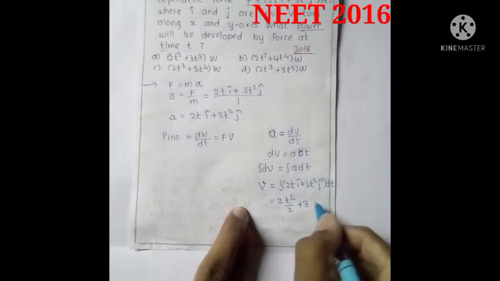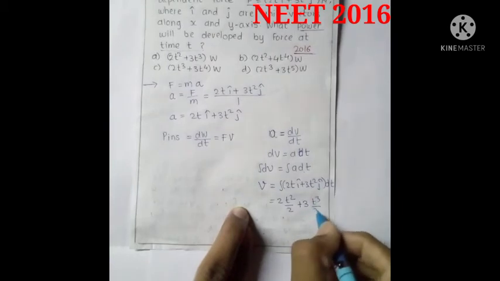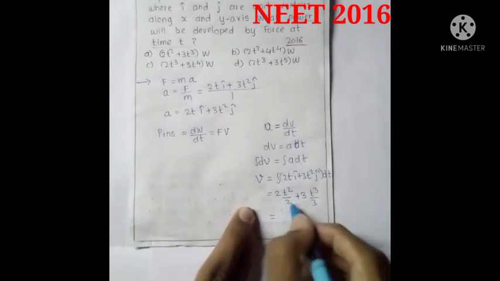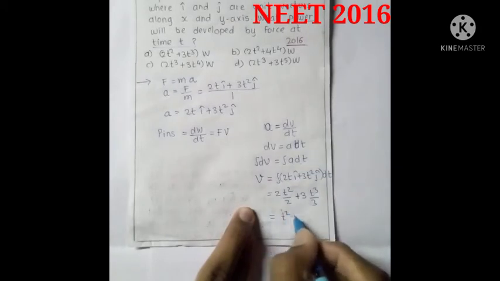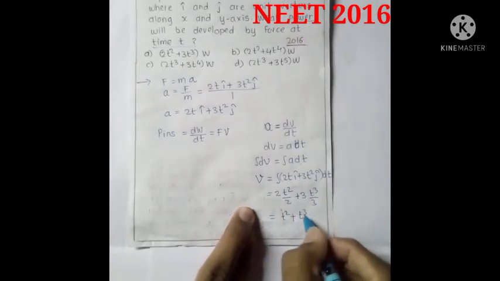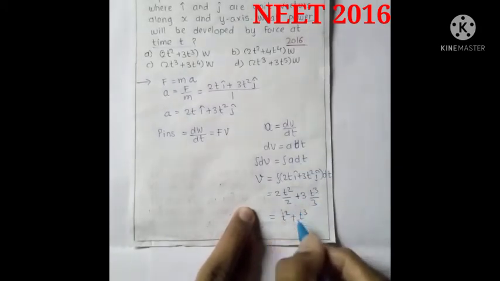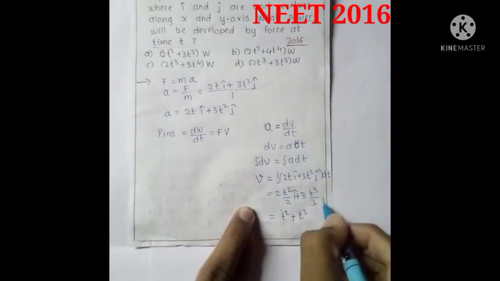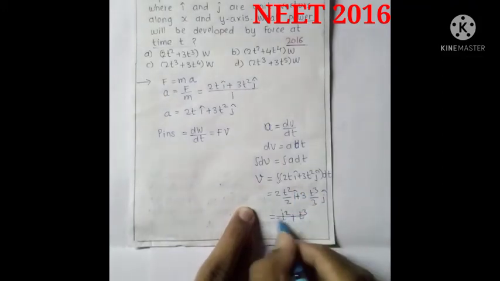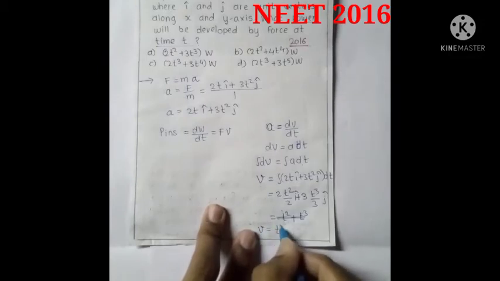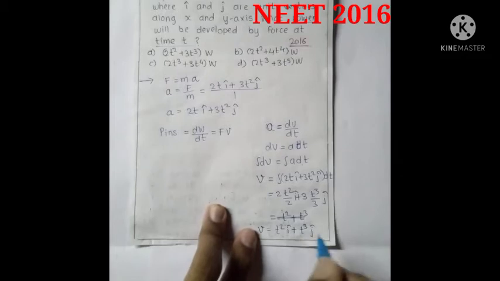Integration of t² with respect to dt is t³ by 3. So 2 gets cancelled, t², 3 gets cancelled, t³. Here is i cap, here is j cap. So velocity is t² i cap + t³ j cap.